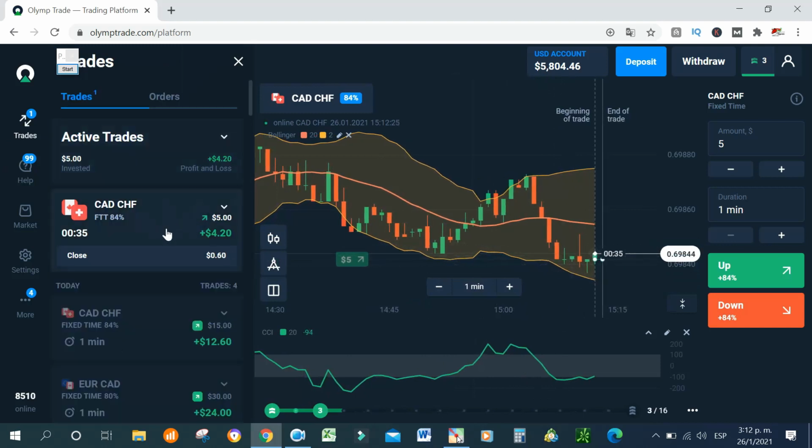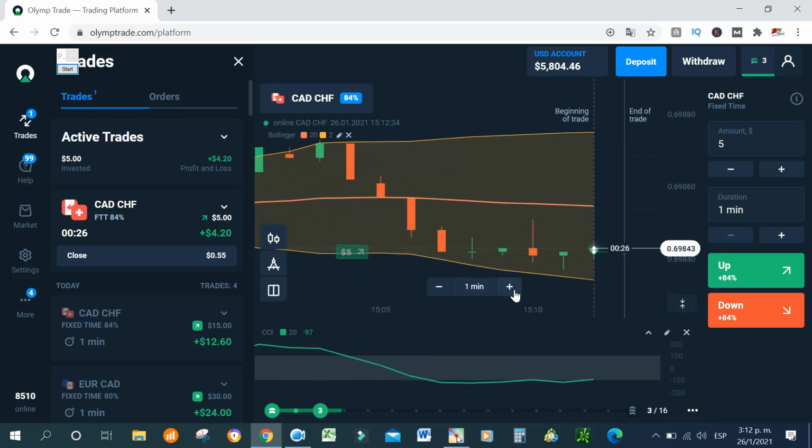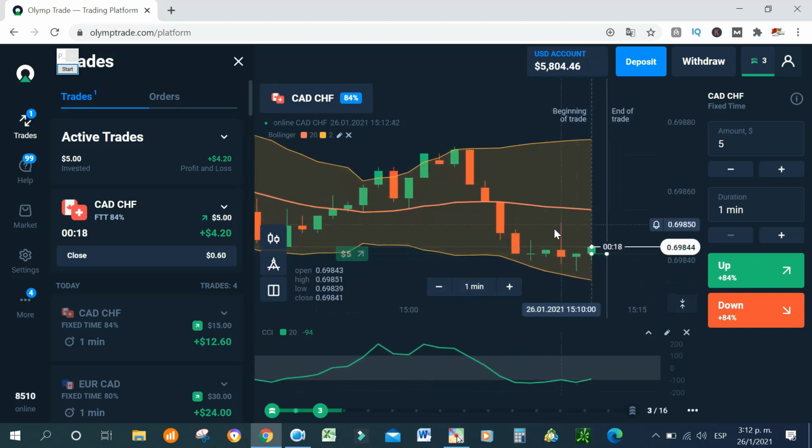So guys, we are winning this trade too. See, 30 seconds, but it's risky. We had a strong rejection from the sellers here.